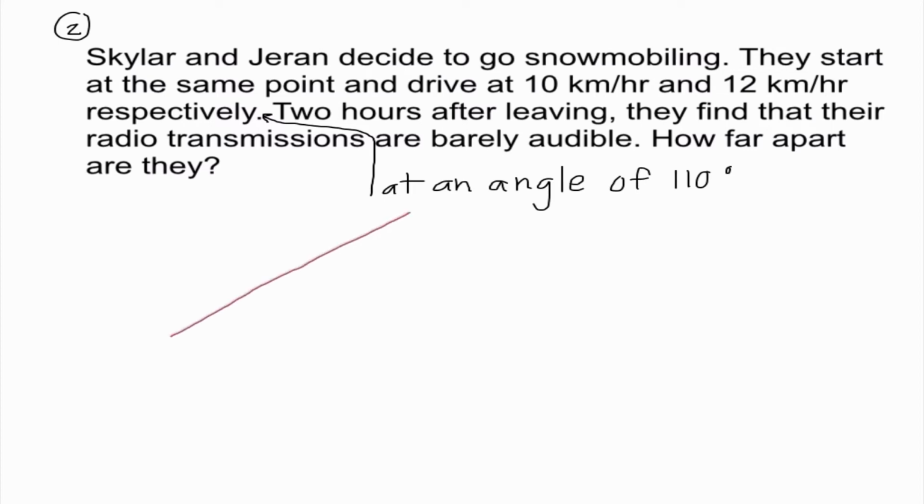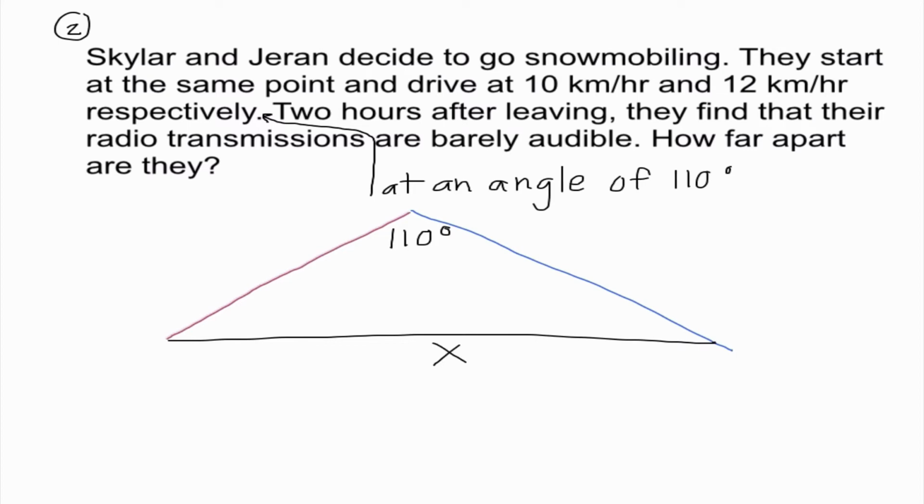Okay, so here Skylar and Jaron are going along, and this is 110 because that's how far apart it said their angle was. And I'm really trying to find this length here. How far apart are they? Now, this is a little bit different because they're giving us speeds rather than giving us a distance.